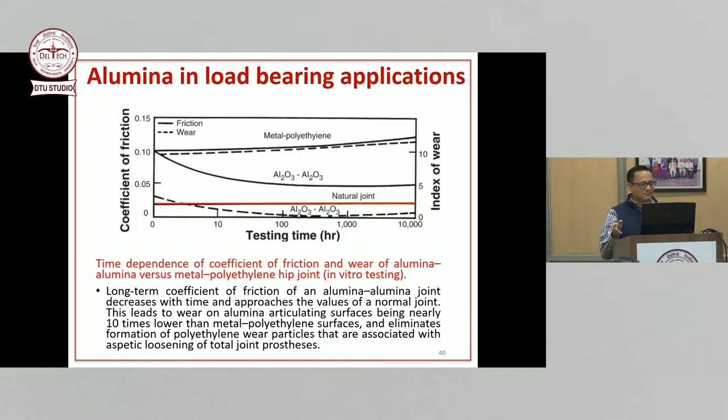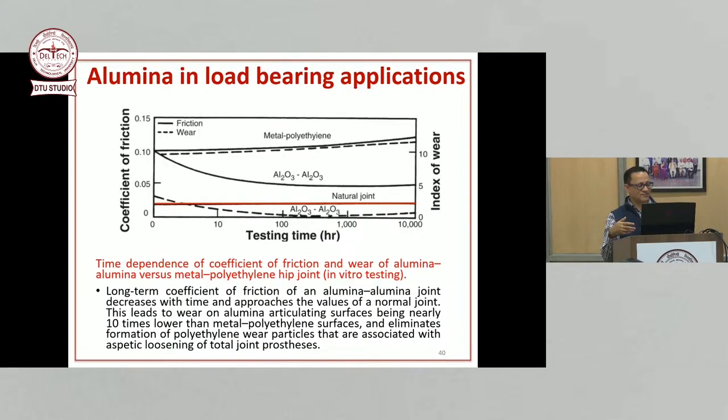Alumina in load bearing application, basically it's just showing the time dependent coefficient of friction and wear of alumina versus metal polyethylene hip joint. So over time, if you see here, the wear is very low compared to metal polyethylene. The long term coefficient of friction of alumina joint decreases with time and approaches the value of a normal joint.